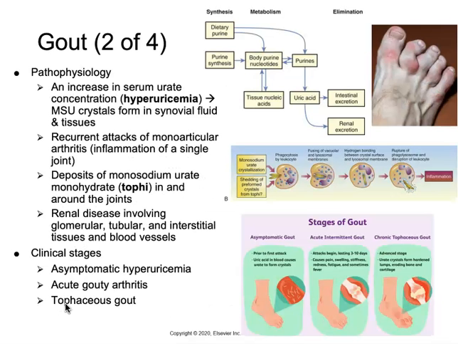Okay, let's talk about the pathophysiology. We have an increase in serum urate concentration, which is called hyperuricemia. And this is going to cause those MSU crystals to develop, and they activate macrophages and can trigger something called an inflammasome. And you could see that kind of taking place in this illustration over here.